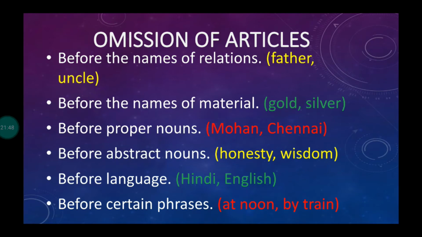And also before certain phrases. For example, there are fixed expressions like at noon, by train. In all these cases, we do not use the, or we do not use a or an or the. We omit these articles.